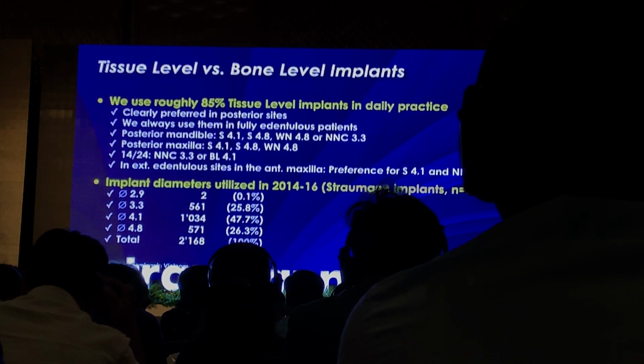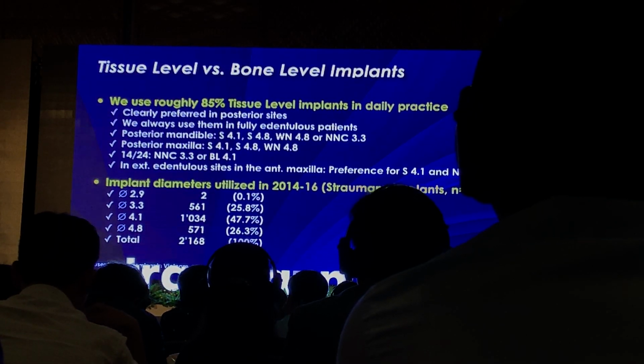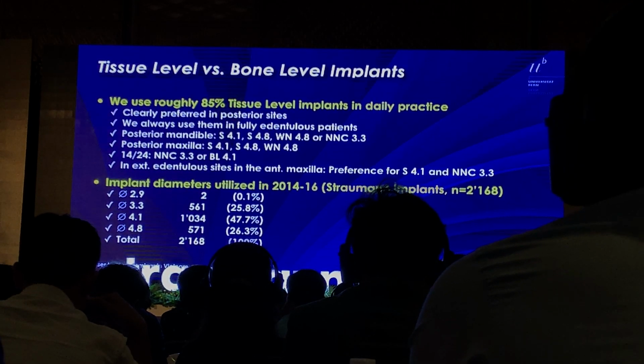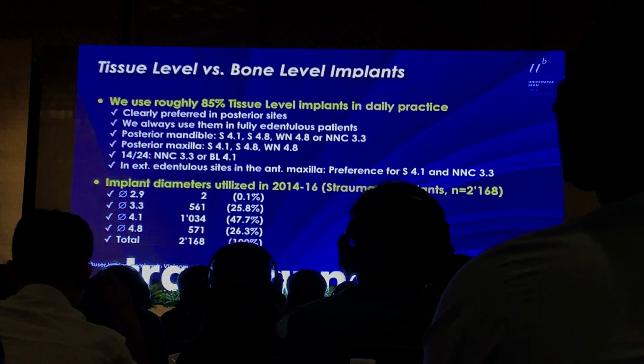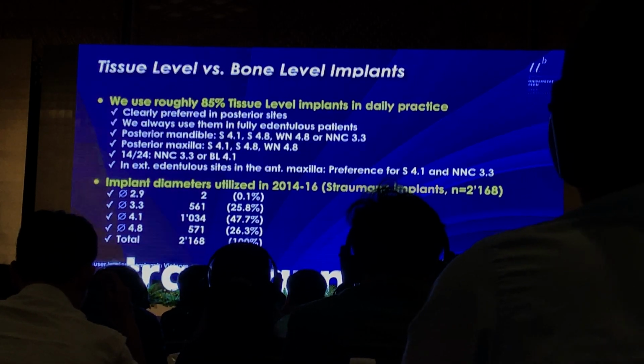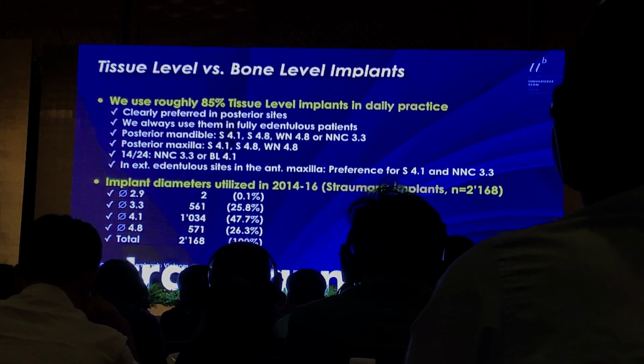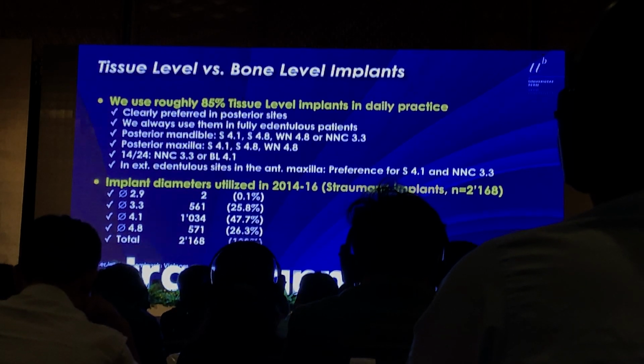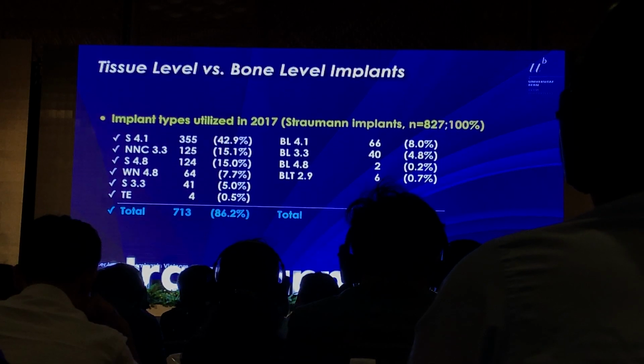And we started to use the 2.9 millimeter BLT for very specific cases, not big numbers. Now last year I got, I think, 5 patients, but a beautiful indication, mainly single tooth, very small anatomy. And of course, now when we look into more details, you see here how it's used.